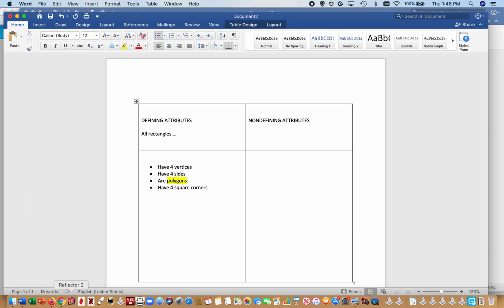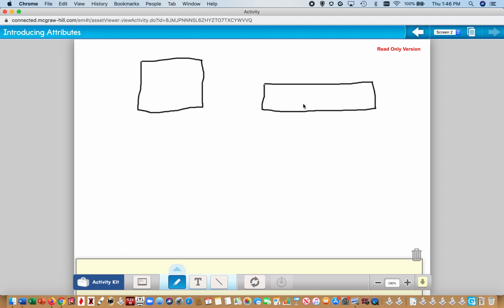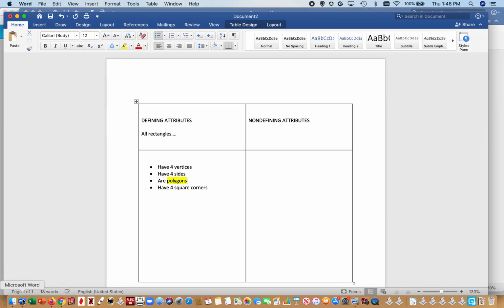Now, I could take my pictures a little bit further and I could rotate these shapes. I could add designs or colors or patterns. I could shrink them or stretch them, and they would still be rectangles. That doesn't change what shape they are. So this is where we get into the non-defining attributes.